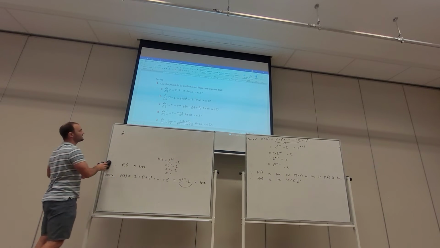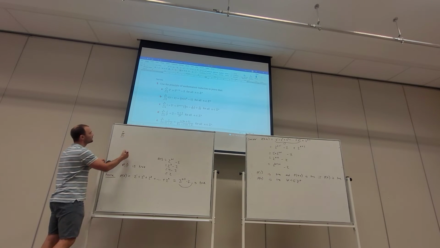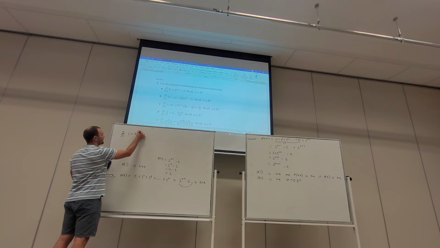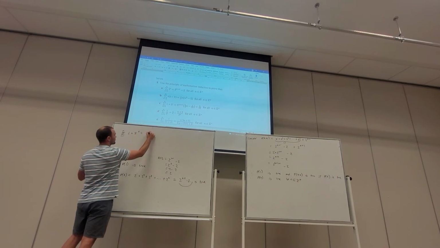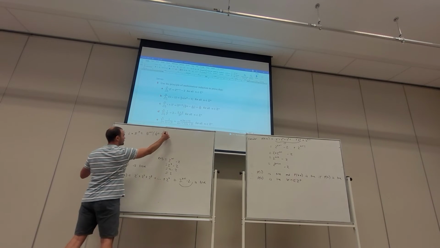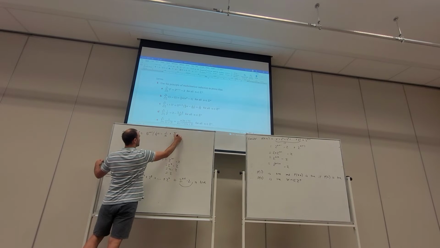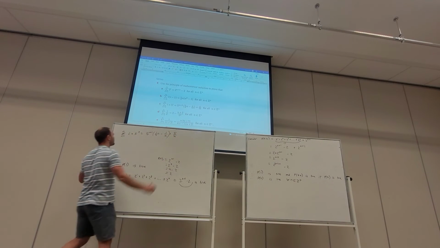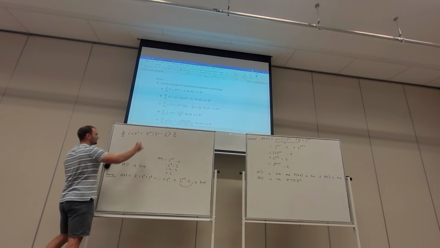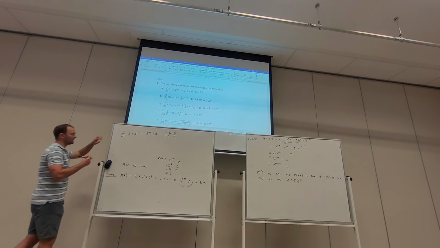C says the sum from i equals 1 to n of i times 5 to the i. If it helps, again, think about it in terms of numbers.